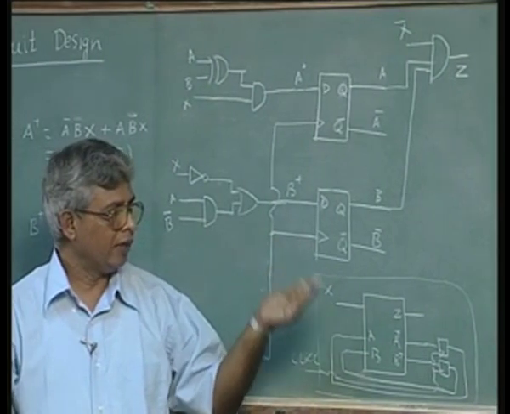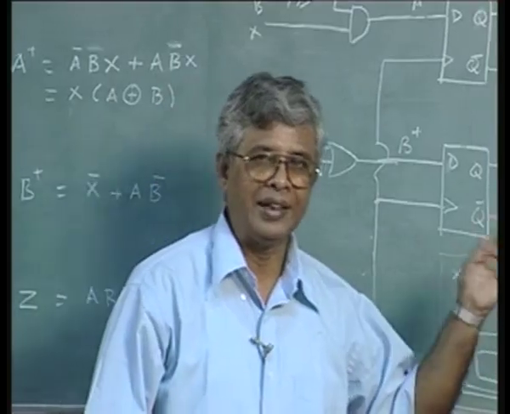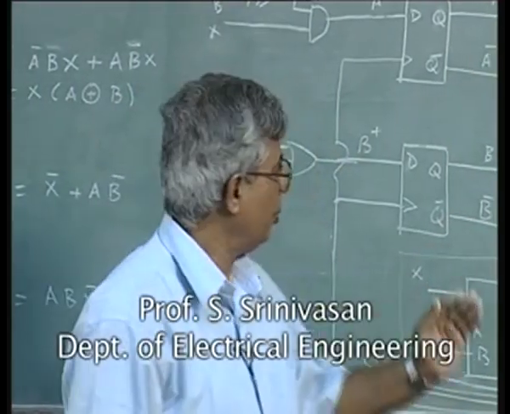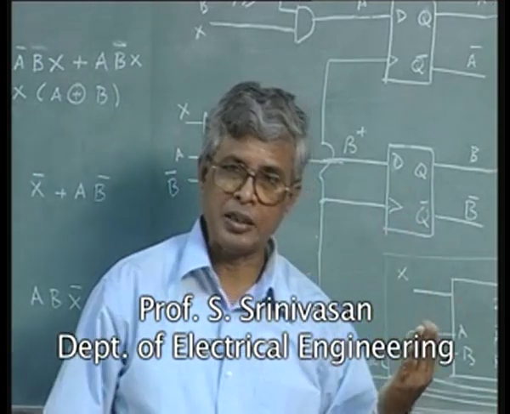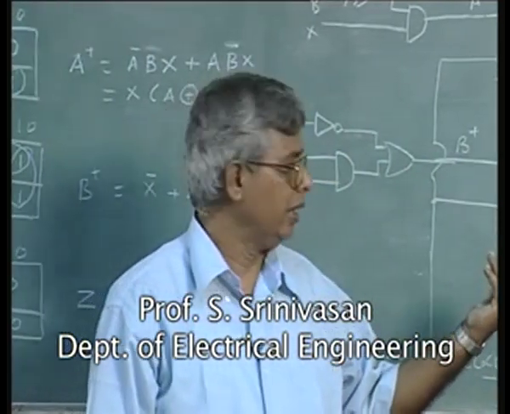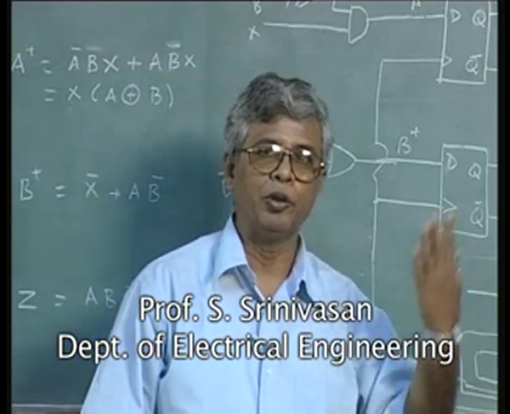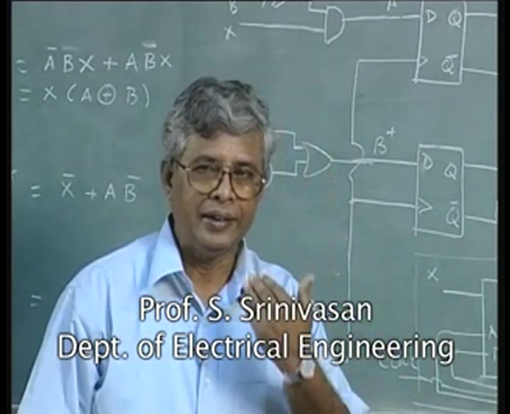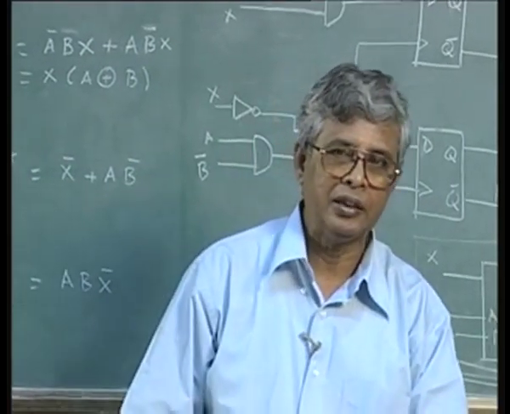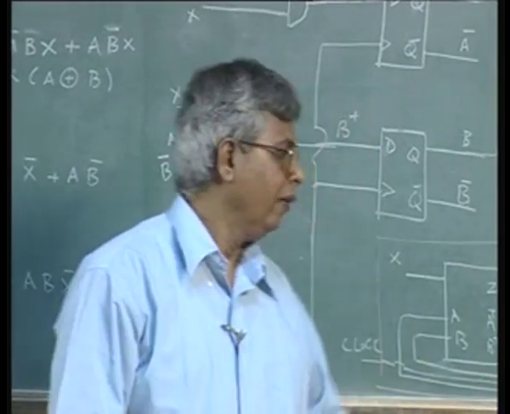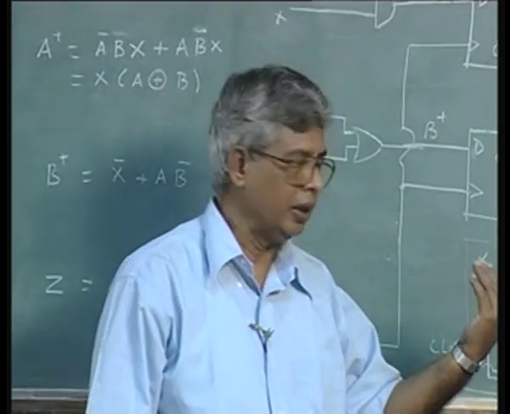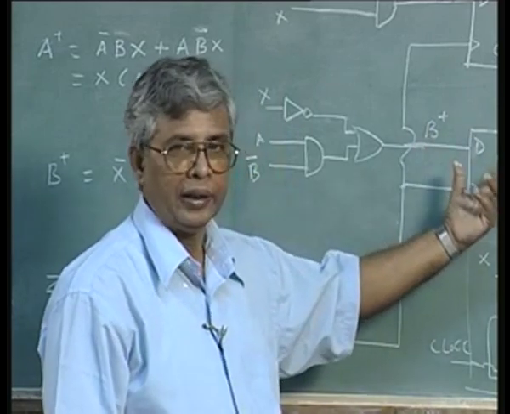From this state graph you go to the state table, from the state table go to the transition table, and then map into hardware. For hardware there are options; this is only a simple, gate oriented option. Combinational logic can be implemented using multiplexers, programmable logic devices, and there are many other ways. Whatever choice you want to make, you make that choice and implement it.